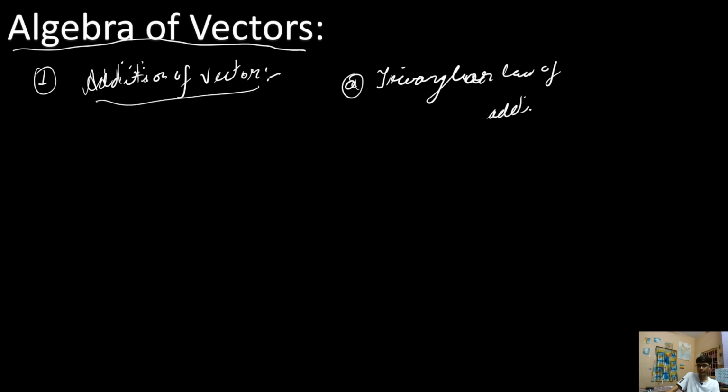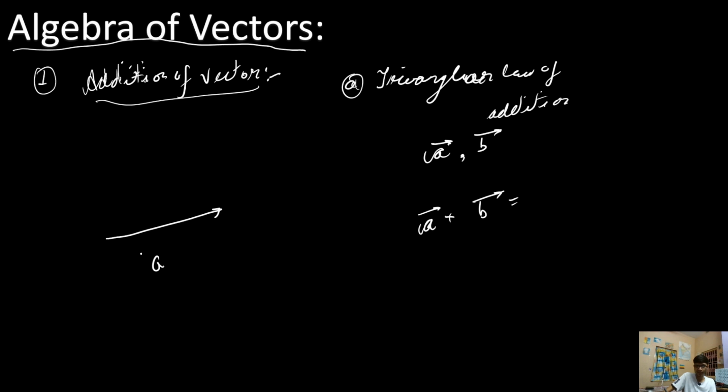law of addition. The triangular law of vector addition says that, for example, you have vector A and vector B, and I want to write the summation of these vectors.